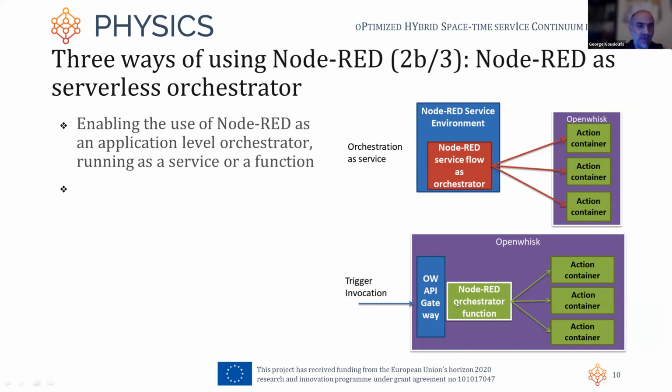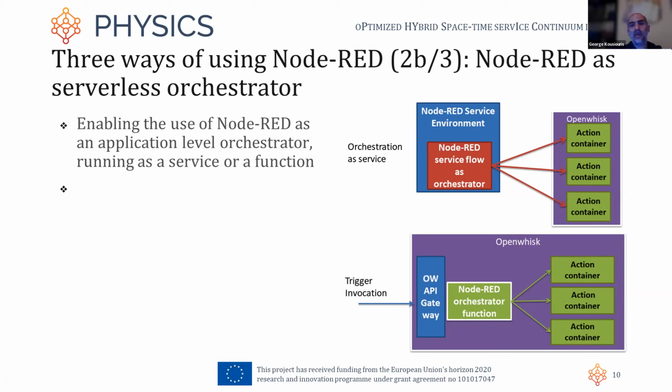We foresee this being primarily the orchestrator function, the most valuable one. And inside that, you can orchestrate actions that are functions. Actions are the function name in OpenWhisk terminology. So you can orchestrate the execution of existing actions in OpenWhisk through a Node-RED flow that you have created.